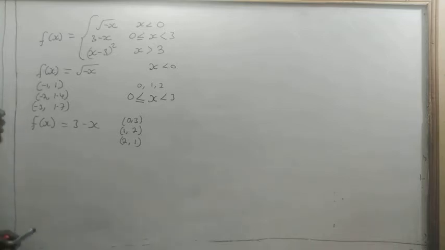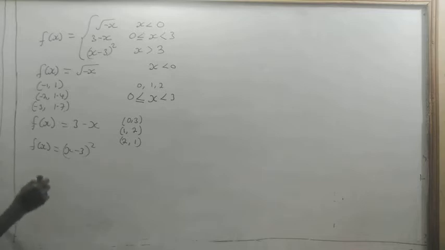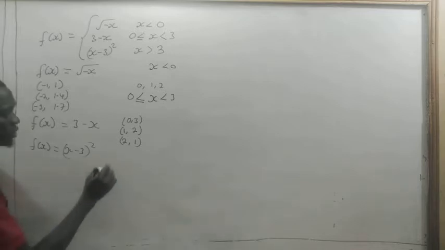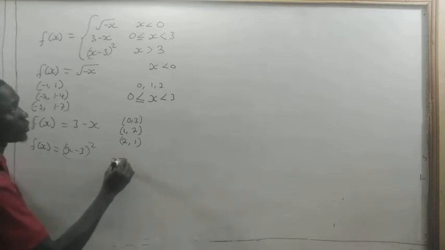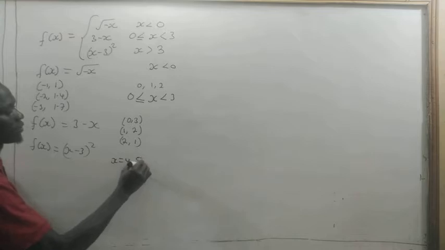Now let's take the last one. For x greater than 3, f of x is equal to x minus 3, all squared. Let's take just 3 values: x equal to 4, because 4 is greater than 3, 5 and 6.